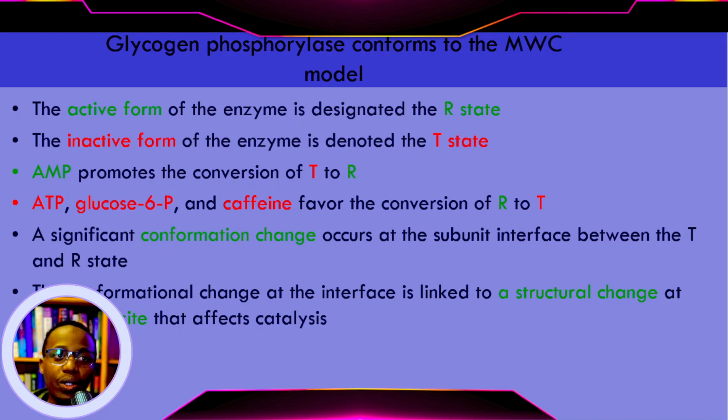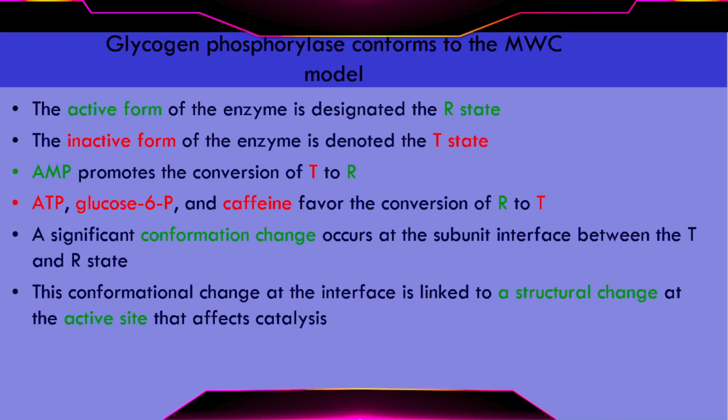And then ATP, glucose, and caffeine favor the conversion from R to T, right? That's pretty much how the concerted model works. And there is a conformational change that happens in the conversion between T and R, and we talked about that. But the main thing is the structural changes happen at the active site of the catalysis.